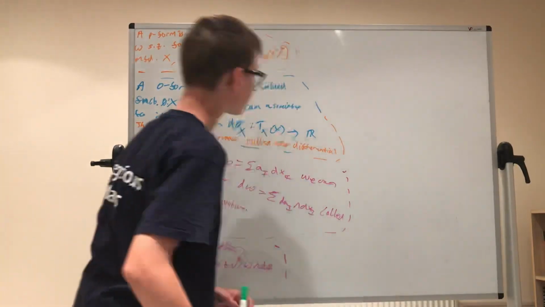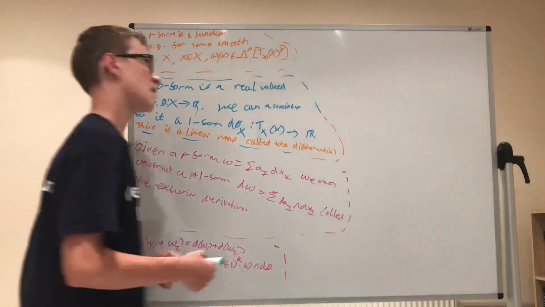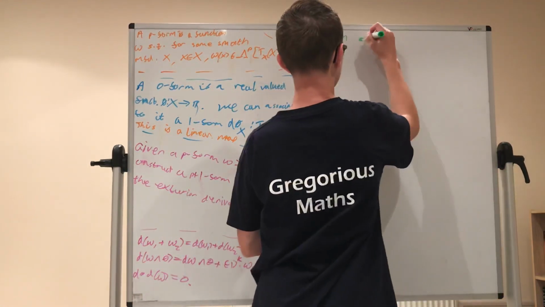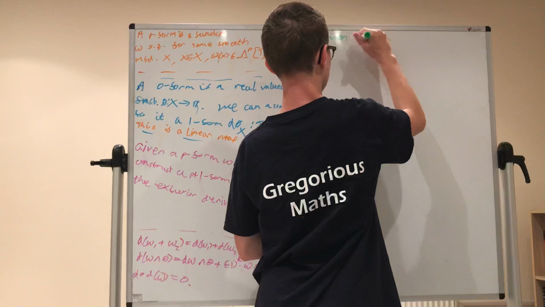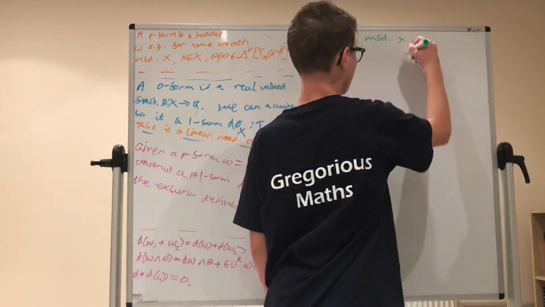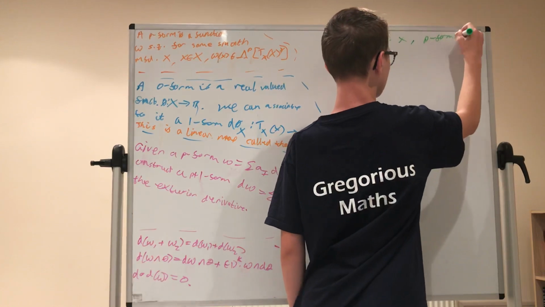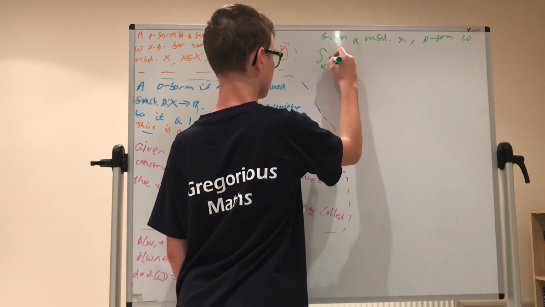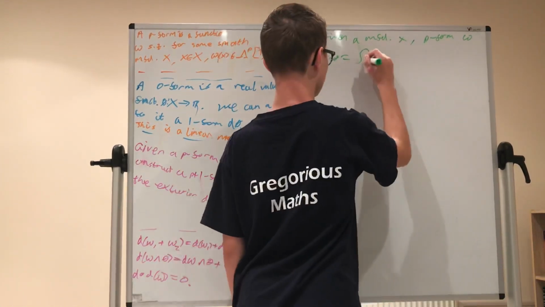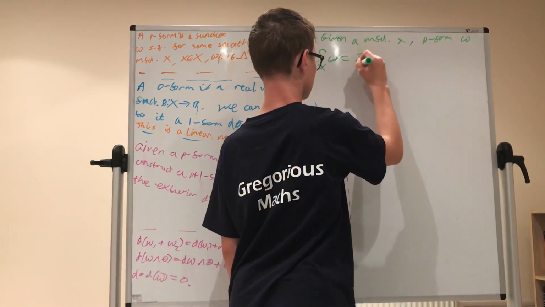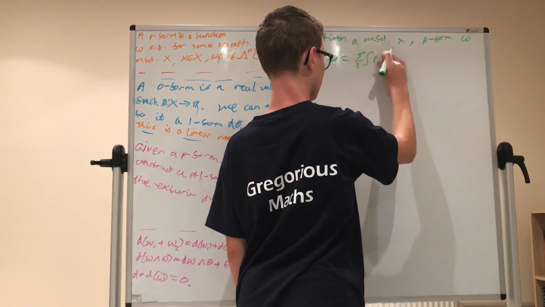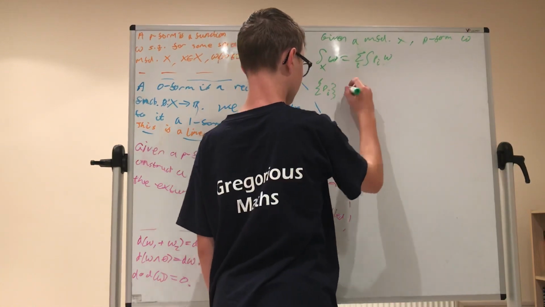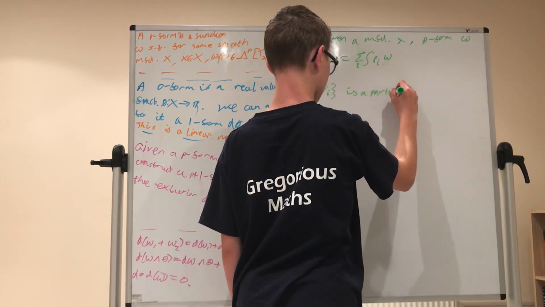Alright, now we're ready to define integration. So, given a manifold X and a p form omega, we define the integral over X of omega to be the sum over i of the integral of p_i omega, where p_i is a partition of unity.